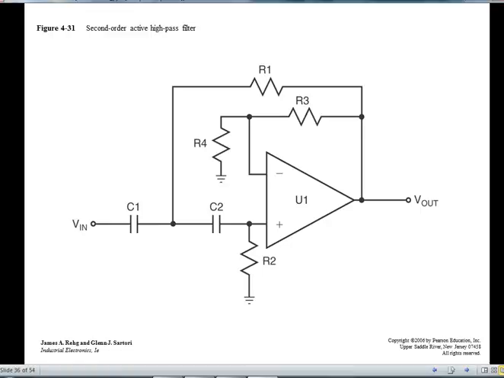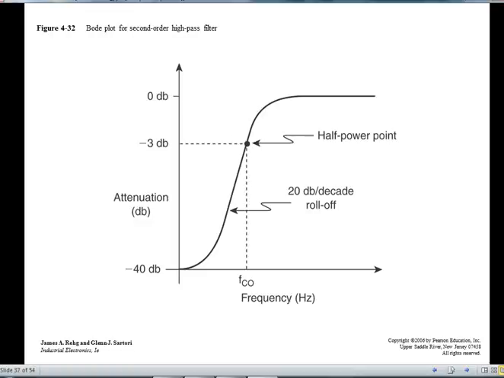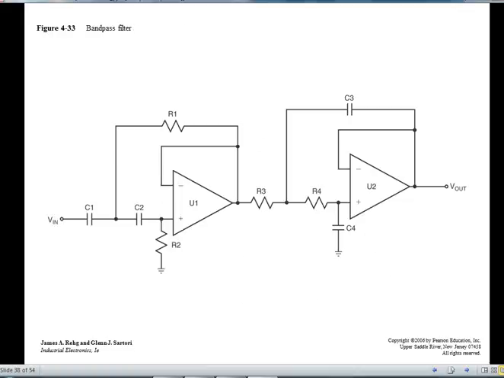Now we've changed the positions of the capacitors and the resistors, and we have a high-pass filter. High-pass filter is going to have a 20 dB per decade roll-off, unless it is second order, then it's going to be 40, or third order, or fifth order.